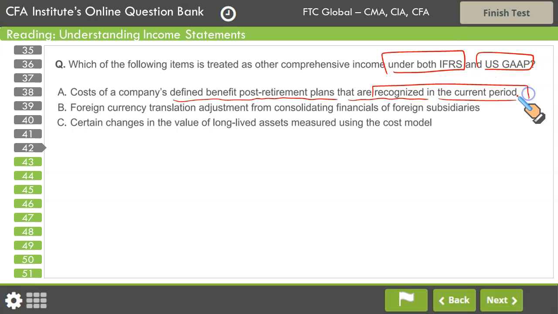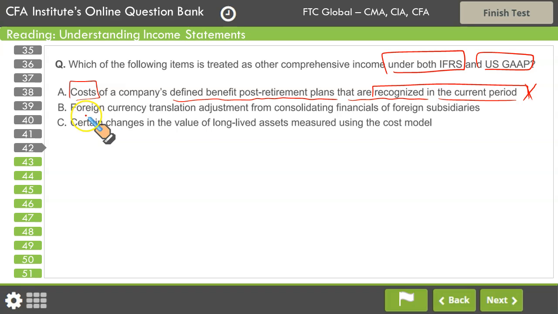Recognized in the current period. These costs have already been recognized in the current period's income. They do not appear in other comprehensive income, neither in IFRS nor in the US GAAP. They are not a part of other comprehensive income.